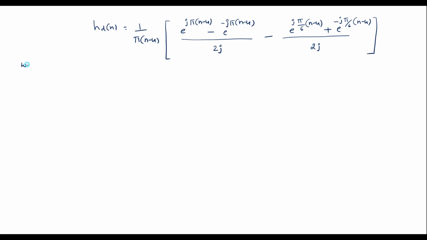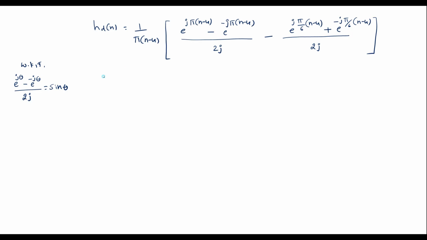Now we know that e power j theta minus e power minus j theta divided by 2j leads to sine theta. So I brought this into the standard format.